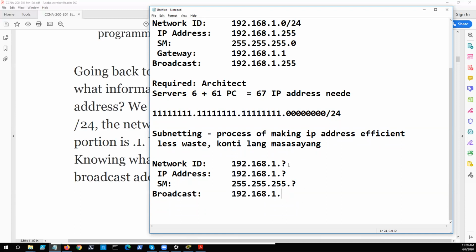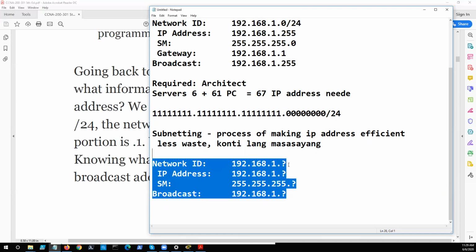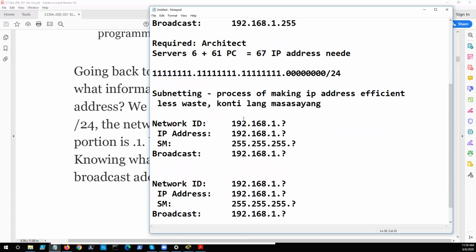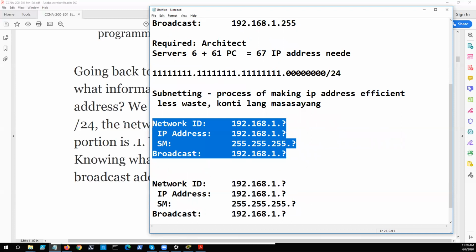What will be the broadcast address? So that's the requirement. I'll give this to you to solve later. But for now, listen first. So, what's the answer?